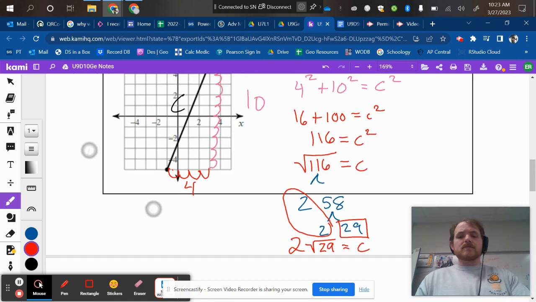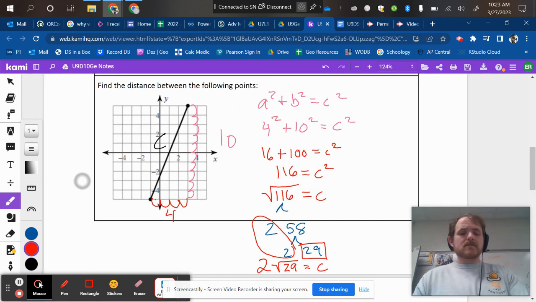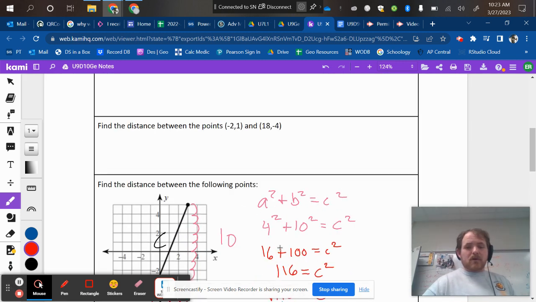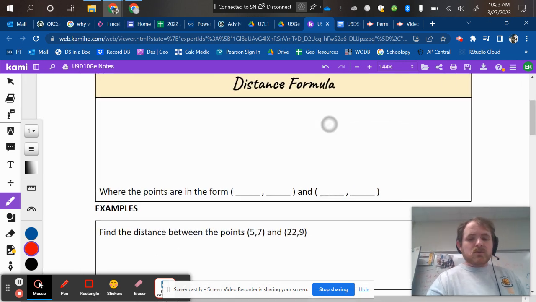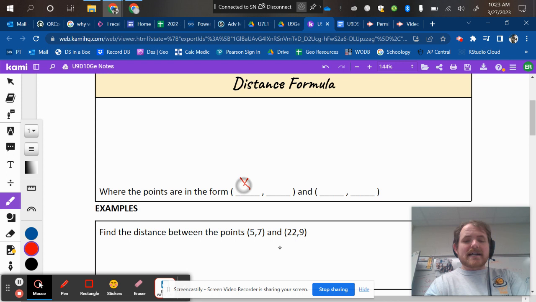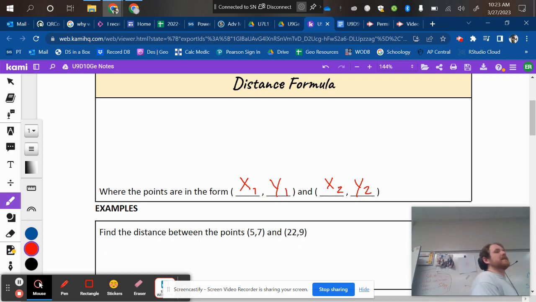Scroll up. Now, again, the formula that we want to work with here, I'll scroll back down in a second, is where the points are in the form x1 and y1 and x2 and y2. That hopefully is somewhat familiar from slope, okay?